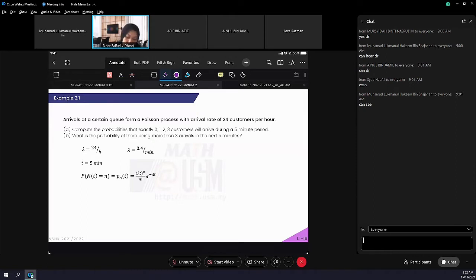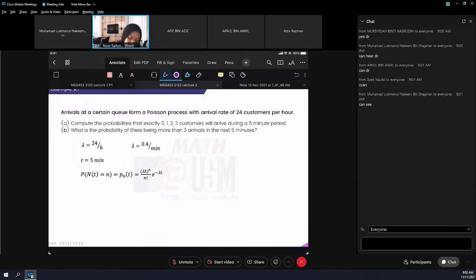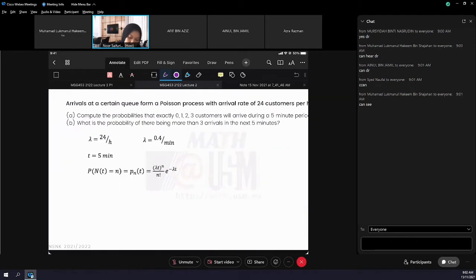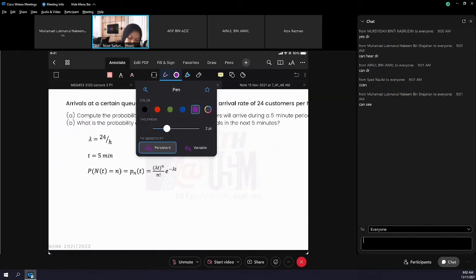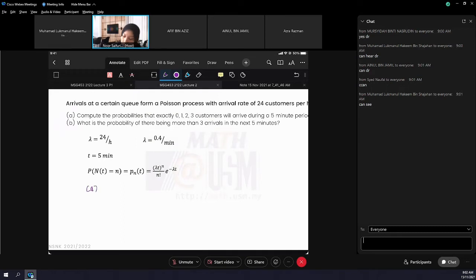Okay, so for question A, first is the probability of n equals to 0. Okay, so you just substitute in your equation. So you should get 0.1353. Okay. The second one is n equals to 1.